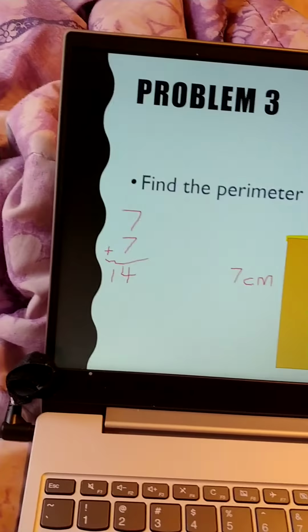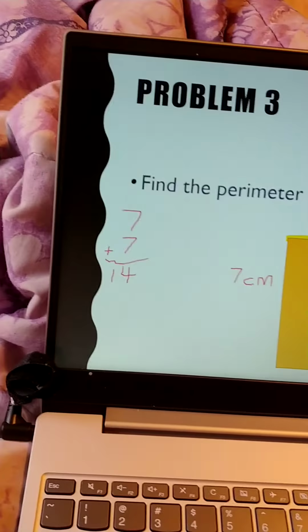Let me fix that. All right. There, much better. So 7 plus 7 is going to give us 14.